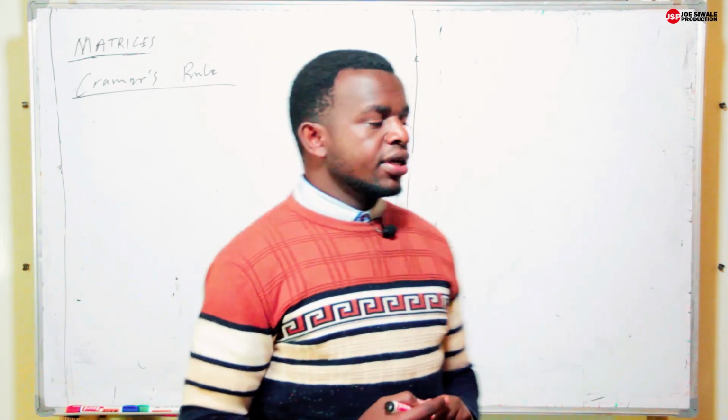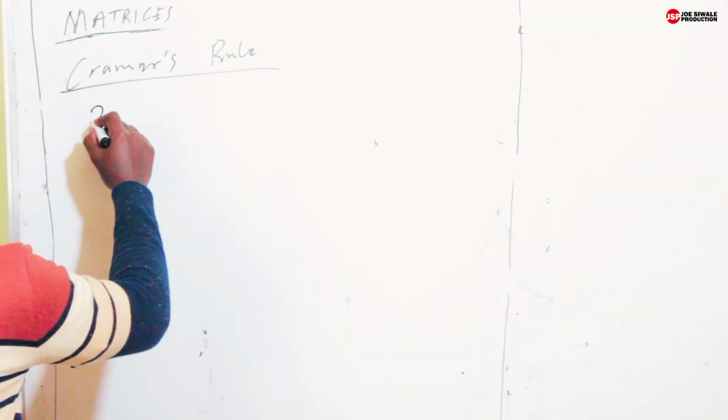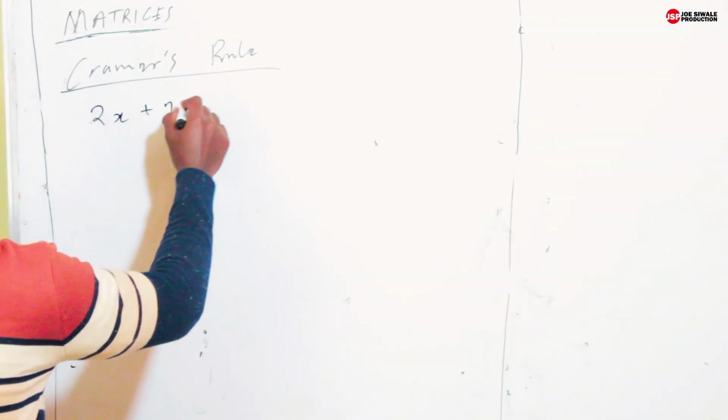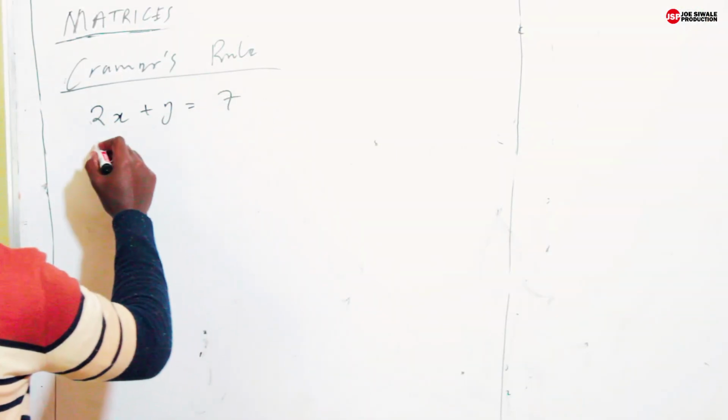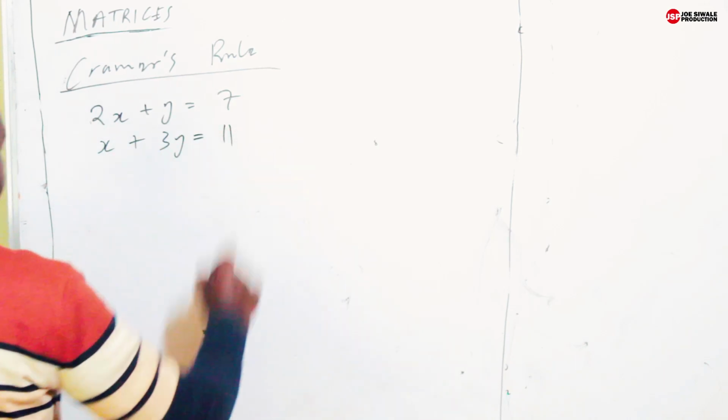So we're going to use the same example that we did when we were looking at the matrix method. The example that we had: 2x plus y is equal to 7, then x plus 3y is equal to 11.